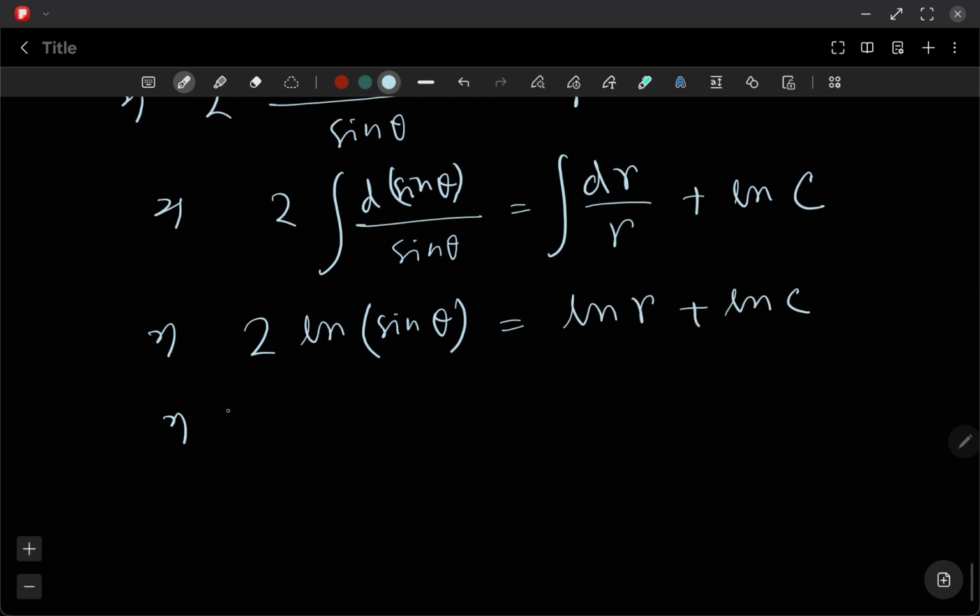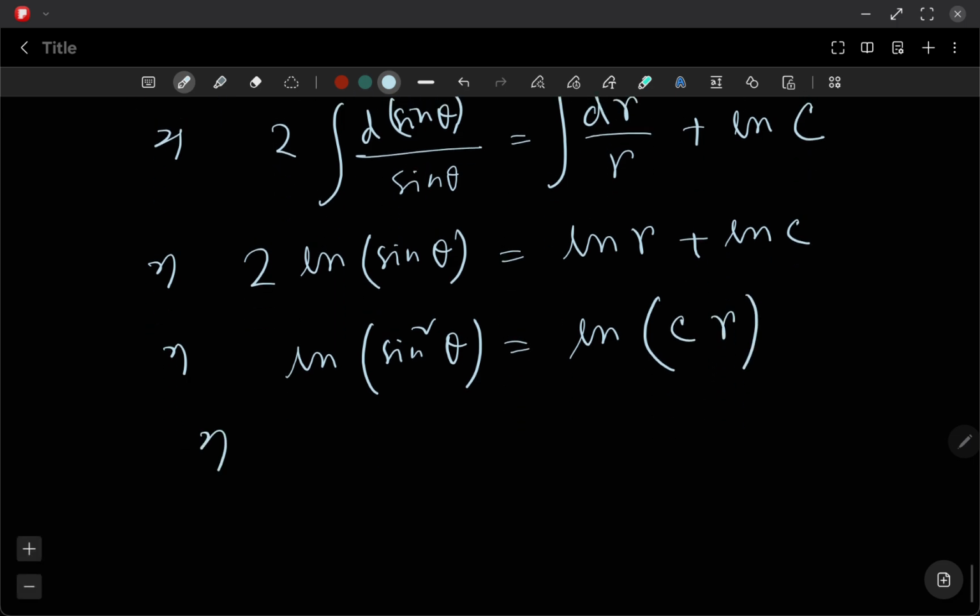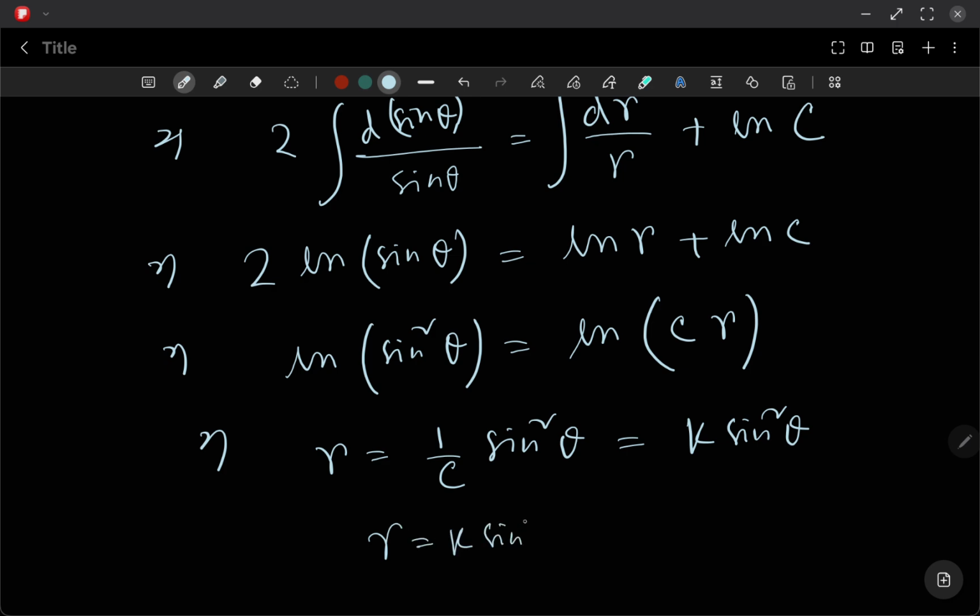So we get ln sin square theta is ln cr. So r equals 1 by c sin square theta. Call it k sin square theta. Okay, so this is the equation of lines of force, r equals k sin square theta, for a dipole.